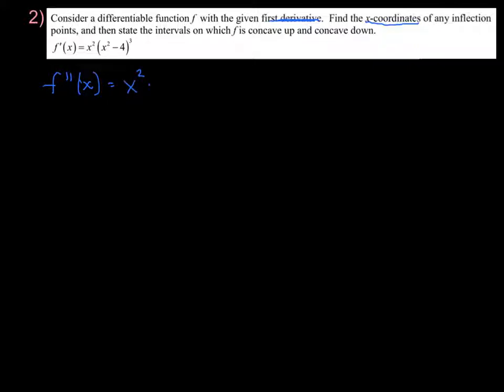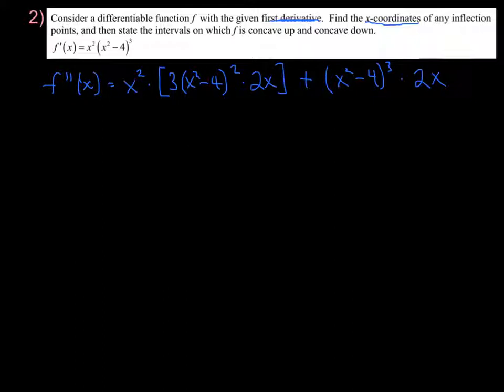Well, okay, so I'm going to have to use the chain rule. So 3 times, keep the inside, x squared minus 4, drop the 3 down to a 2, times the derivative of the inside, which is 2x. All right, so that was first times the derivative of the second, plus the second, x squared minus 4 all to the third, times the derivative of the first, which is 2x.